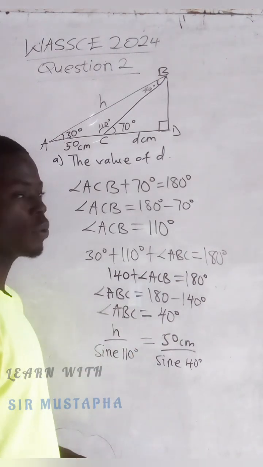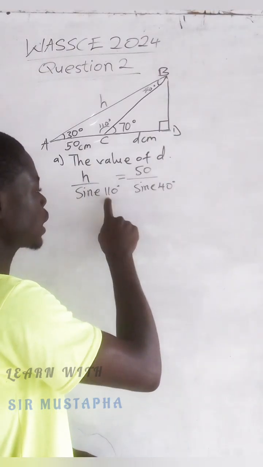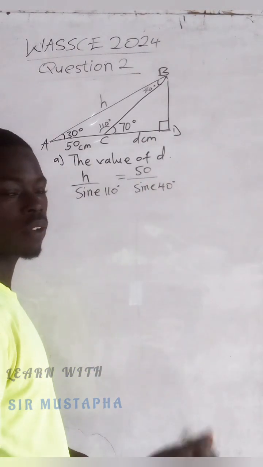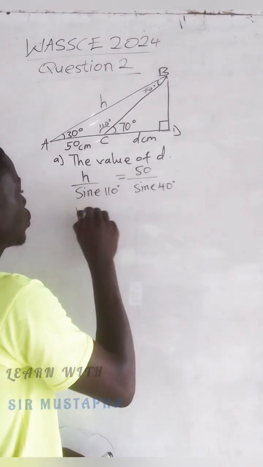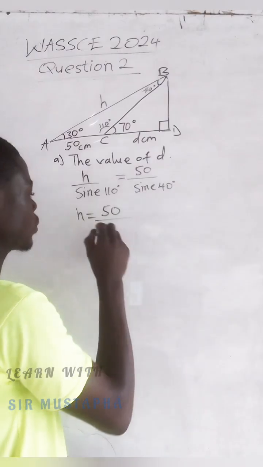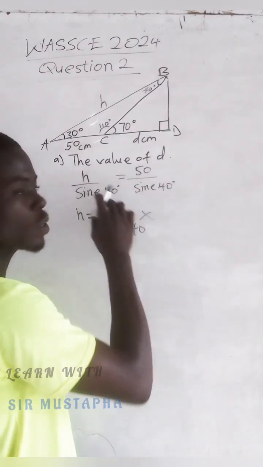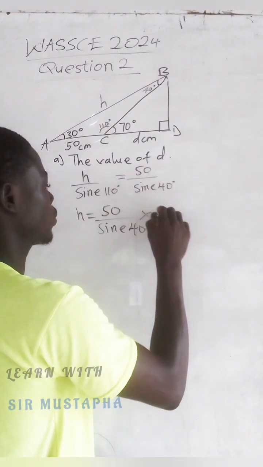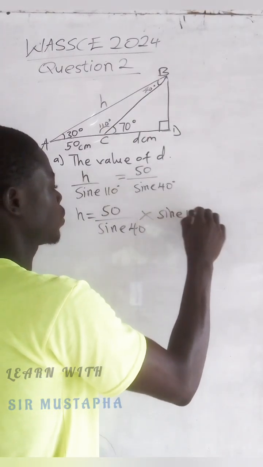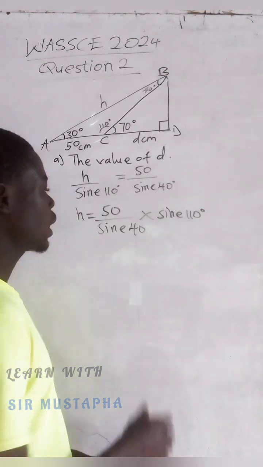Let me clean it and we will continue. To get the value for H, take sine 110 and multiply it by 50 over sine 40. So H will be 50 over sine 40 multiplying sine 110. For this one you have to take your calculator.